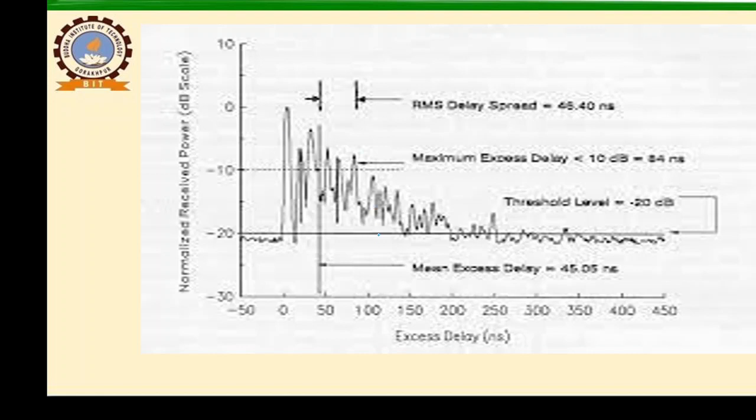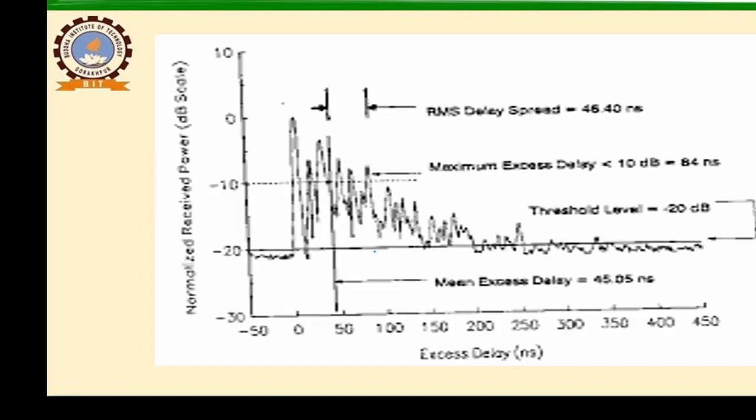Now see this diagram shown in front of you. It is the graphical representation of a plot of relative received power, normalized on a dB scale on the y-axis, and on the x-axis we have the excess delay in nanoseconds, with respect to the fixed time delay.